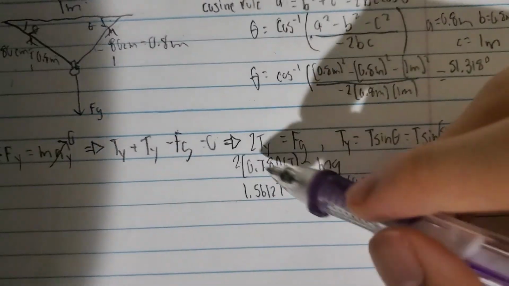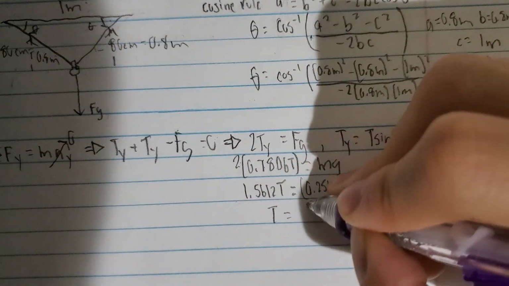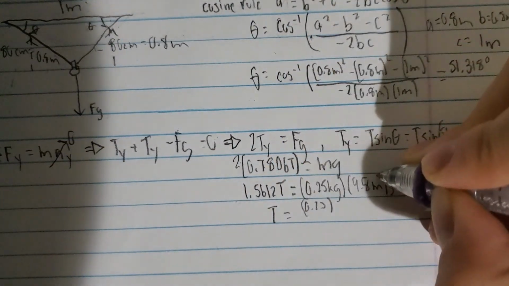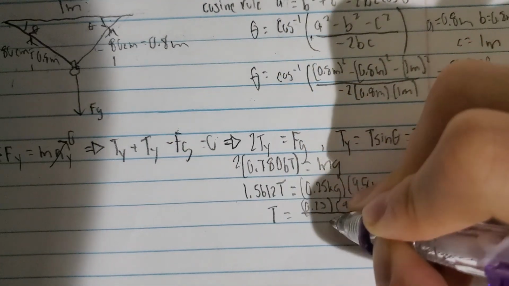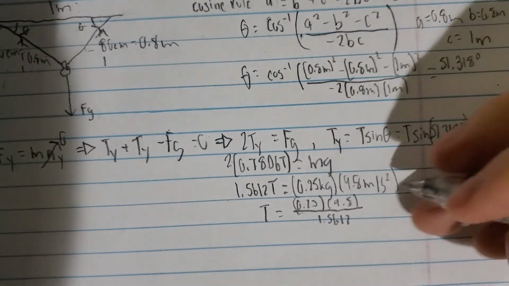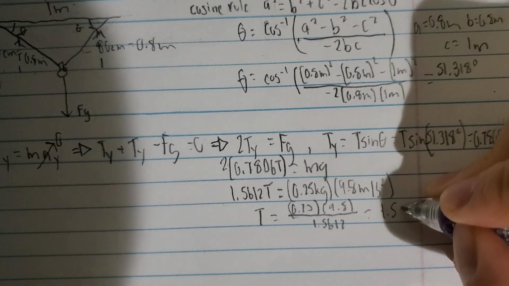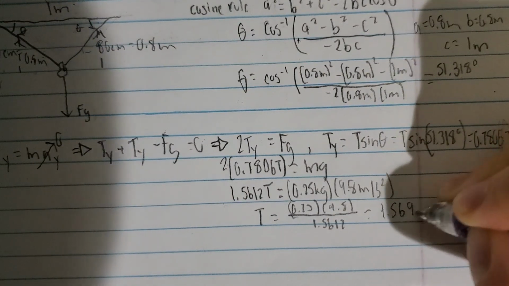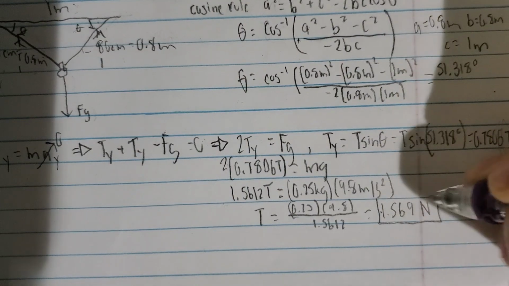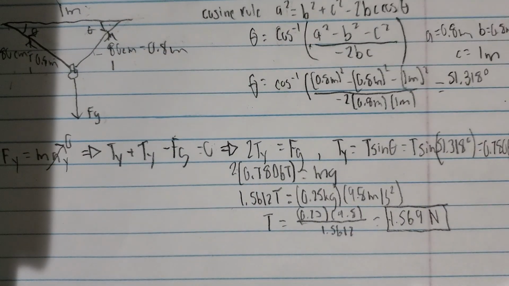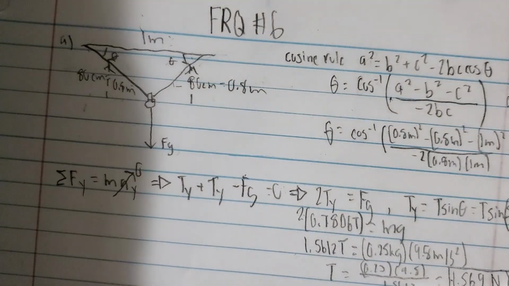So we want to solve for T, so we just divide this over, and we have T. So T is equal to 0.25 times 9.8, divided by 1.5612, and our answer turns out to be 1.569 newtons.